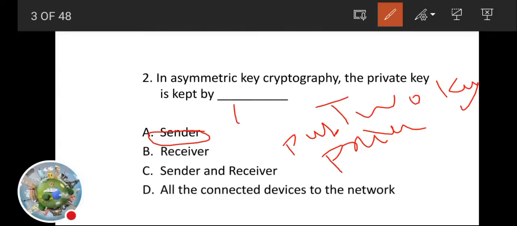Public keys are kept in a repository, so all the public keys are present in a repository. The receiver uses his private key to decrypt the message. Then the answer is B, receiver. The receiver has the private key.